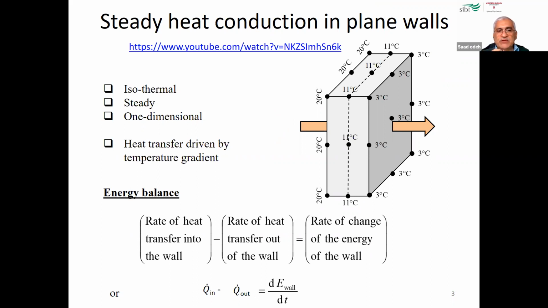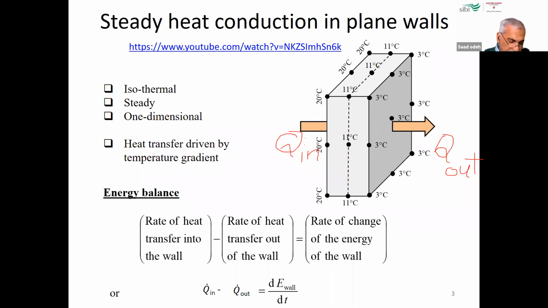So now if we apply the energy balance on this wall, the energy balance here means that the rate of heat transfer into the wall, so this is the Q into the wall, minus the heat transfer out of the wall, must equal the rate of change of the energy of the wall.